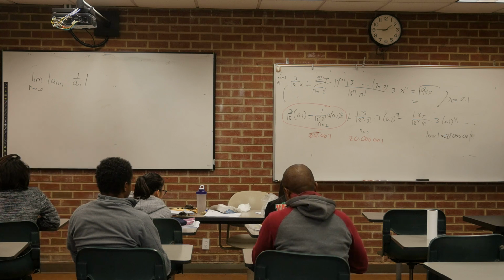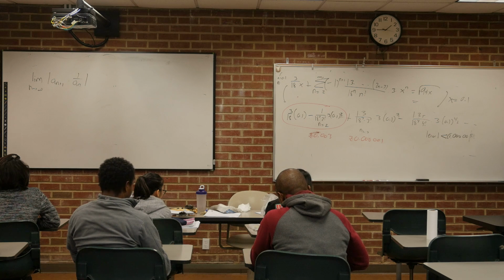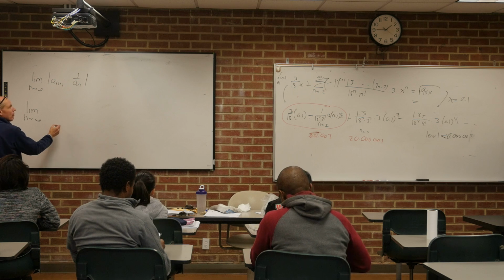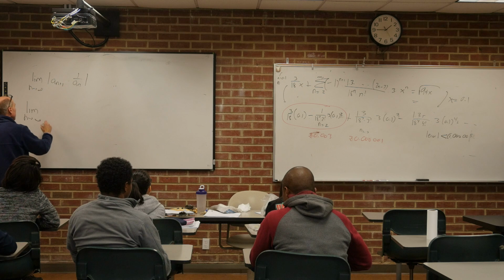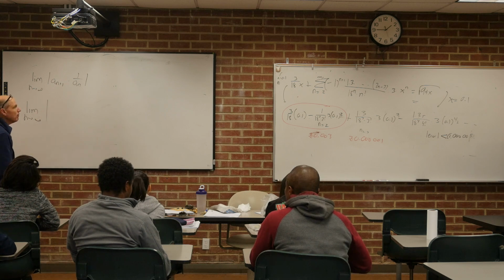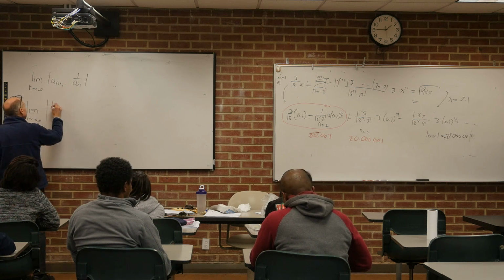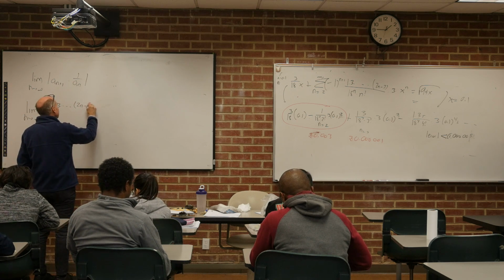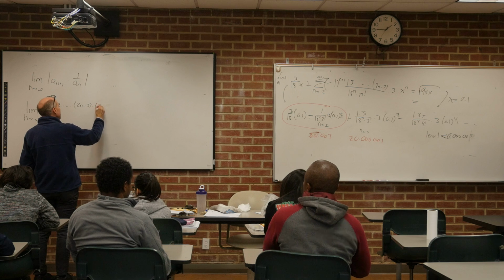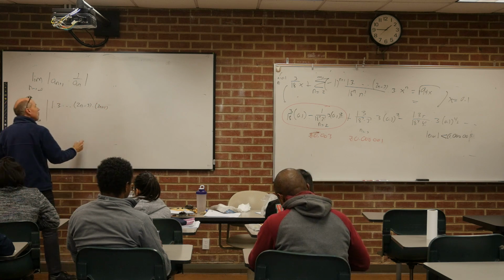Ratio test is we look at a sub n plus 1 times 1 over a sub n. Do that with the funny factorials. So first of all, I'm taking an absolute value. I can ignore the alternator. Here's the n part. These go by 2 each time.